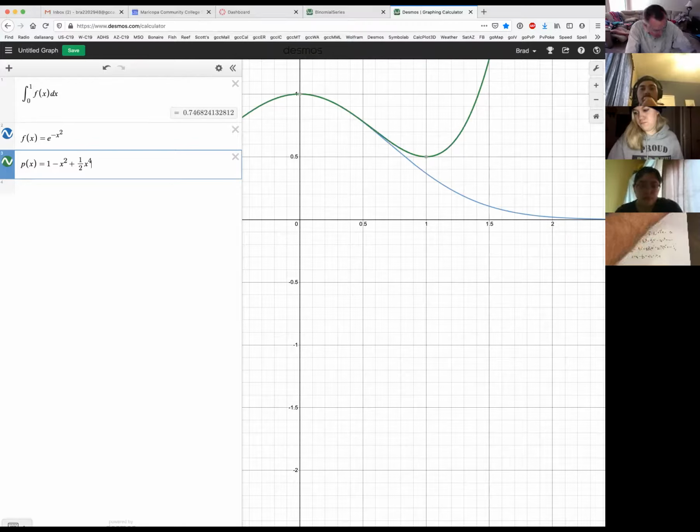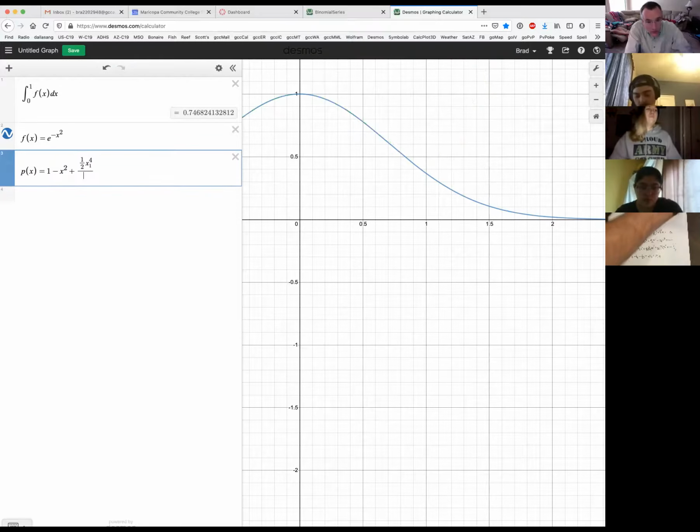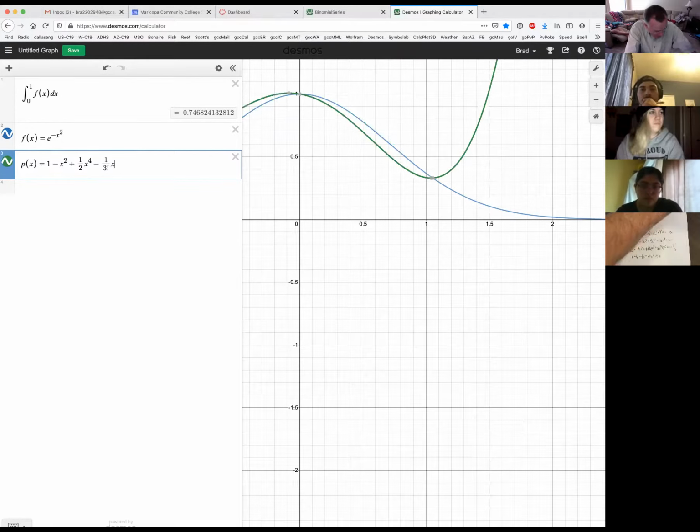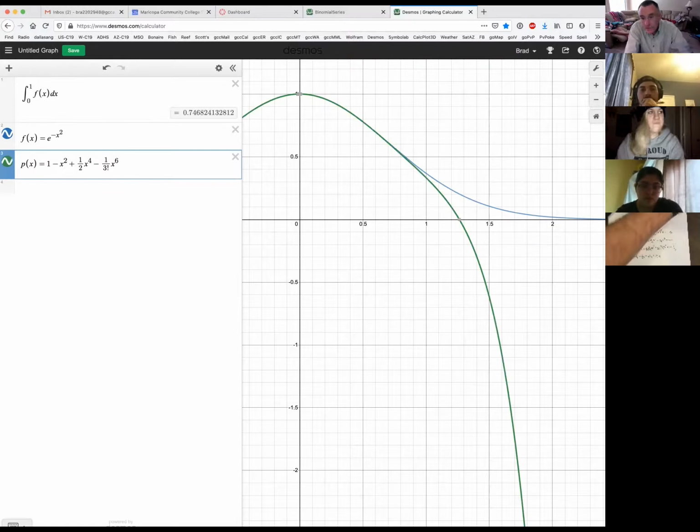So then we've got what? 1/2 x to the 4th, yeah, minus 1/3 factorial x to the 6th. Still fitting pretty good? Go over a little more.